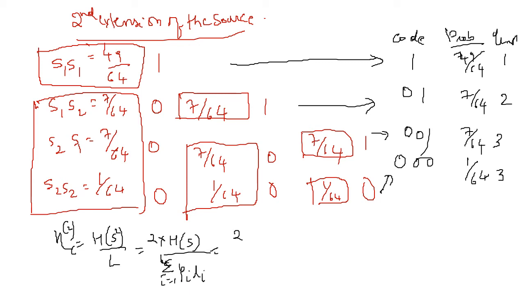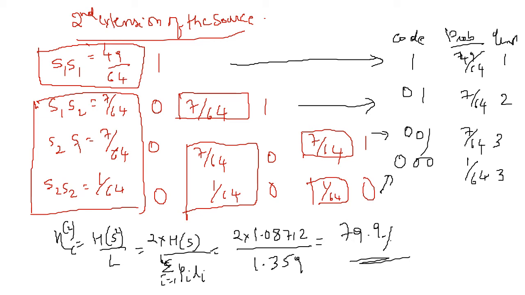We'll get H(S^2) as 2 into 1.08712 bits per symbol, divided by the average length L, which you are going to get as 1.359. If you substitute all these values, after calculation you are going to get efficiency as 79.9%, which satisfies the given condition, that you should have at least 75%, which is obtained by the second order extension of the source.